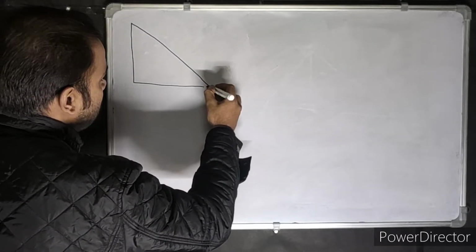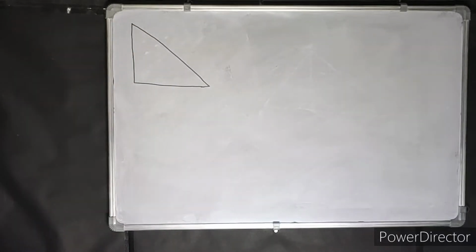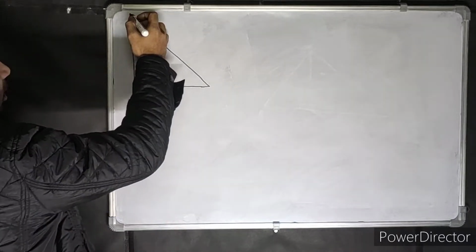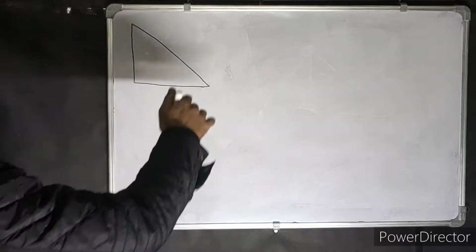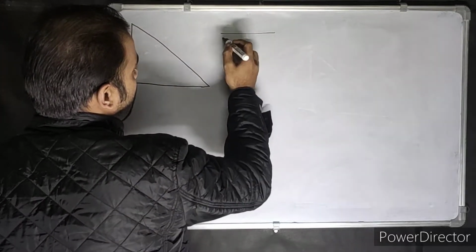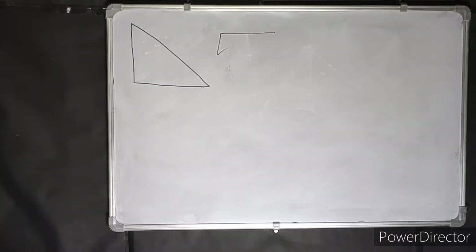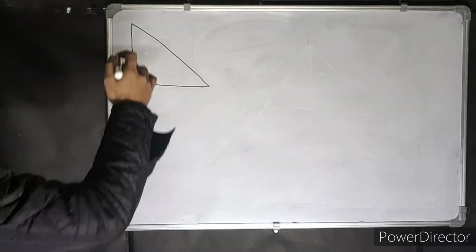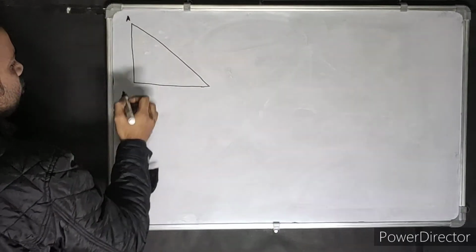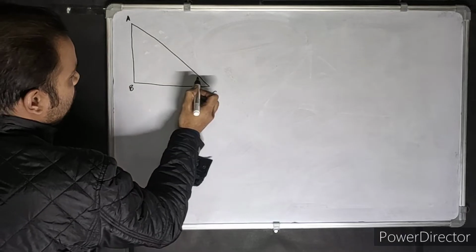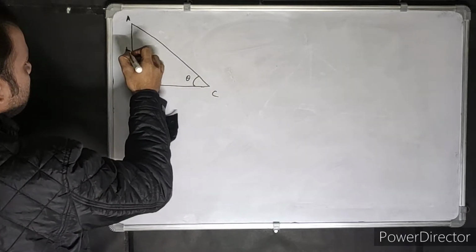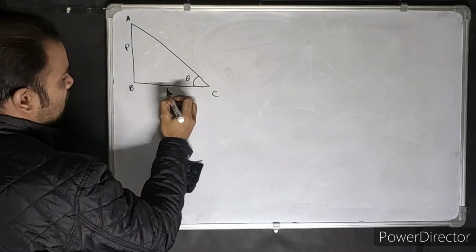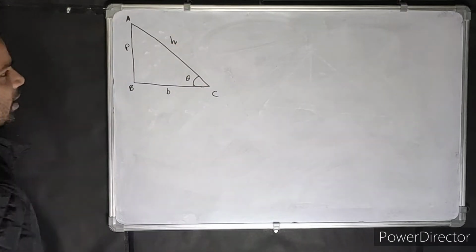The triangle I used before was different, but it doesn't mean that we have to use the same triangle. We can use anything. So A, B, C. If I have theta over here, let's make this P, let's make this B, and let's make this H.